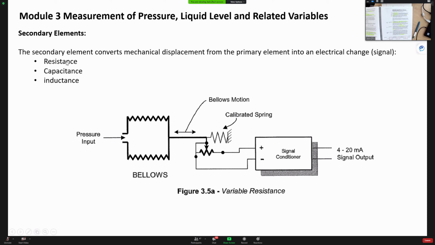Secondary element. The secondary element converts mechanical displacement from the primary element into electrical quantity changes or signals. So in here, the whole thing together will be a transducer or a transmitter. The pressure causes the bellow to move. The other end of the bellow is connected to a variable resistance.